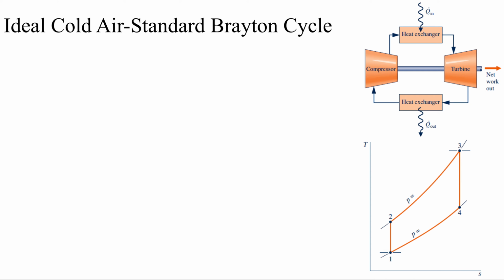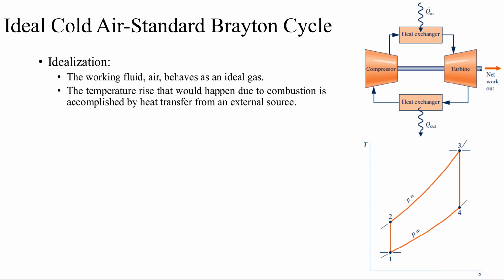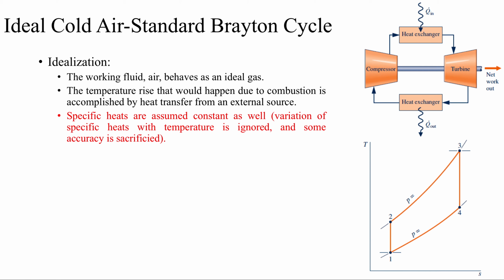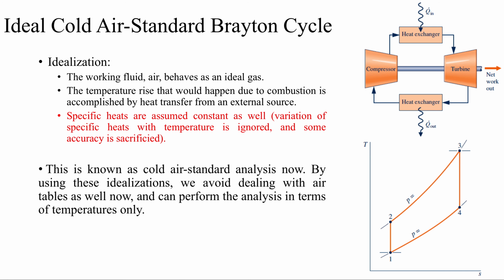Now we just look at another scenario when we make another assumption. Previously we had looked at the ideal air standard Brayton cycle, and now we're looking at the ideal cold air standard Brayton cycle. The other idealizations remain the same, but we add one more idealization where we assume that the specific heats are constant, and then we sacrifice some of the accuracy.